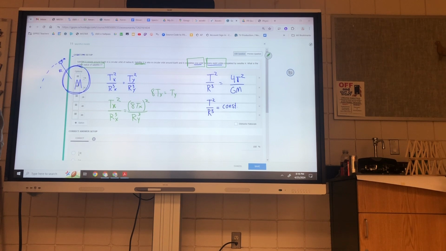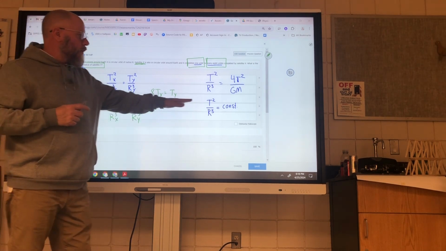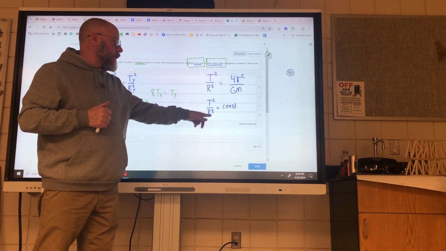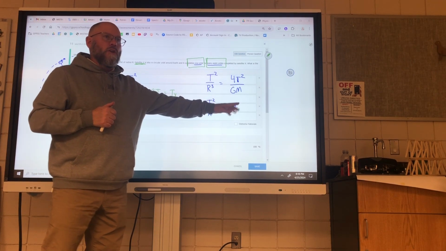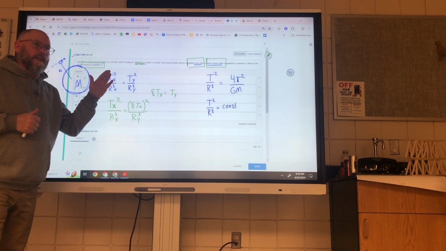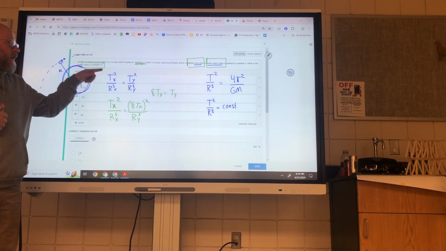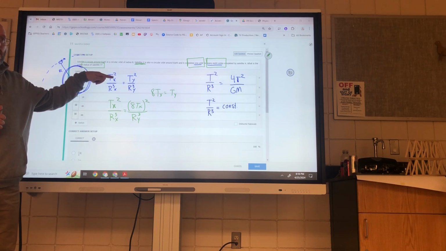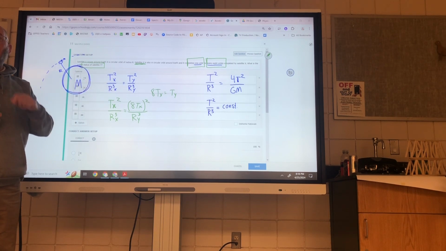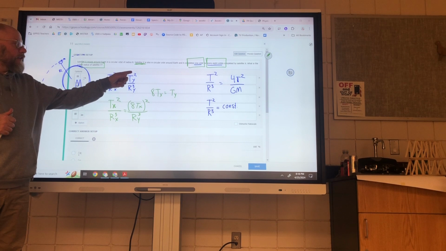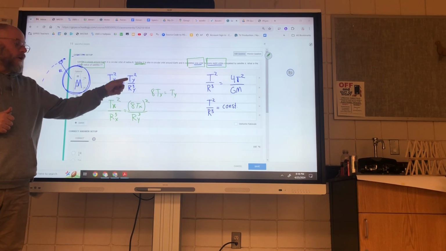I don't? That's fine. So let's go back. We know that for each of them, the t squared over r cubed is the constant. So since they're both equal to the same constant, I'm going to set them equal to each other. So I have tx squared over rx cubed has to be equal to ty squared over ry cubed.